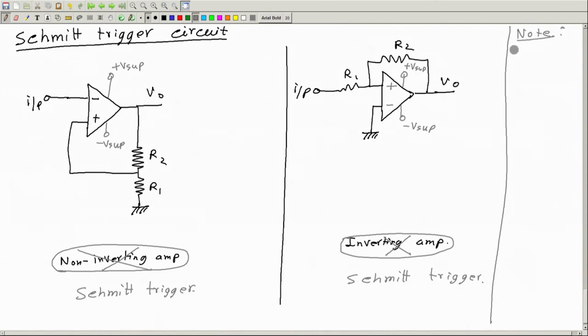For both of them, VO can take only two stable values, plus V supply or minus V supply.